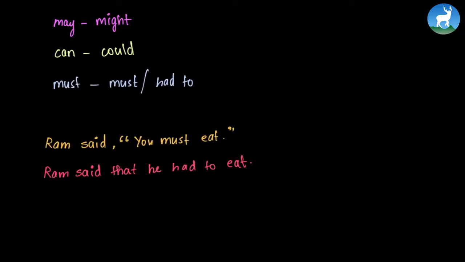This sentence can be changed to indirect form by saying that Ram said that he had to eat, or we can also say Ram said that he must eat. We are assuming that Ram is a boy, so we write he here. We are changing must to had to or must itself.